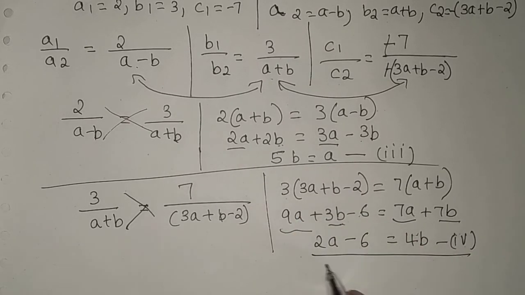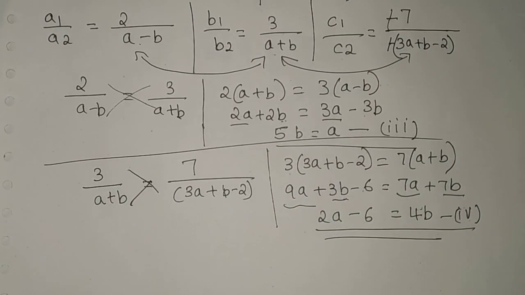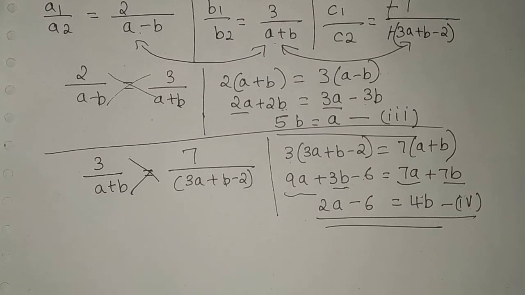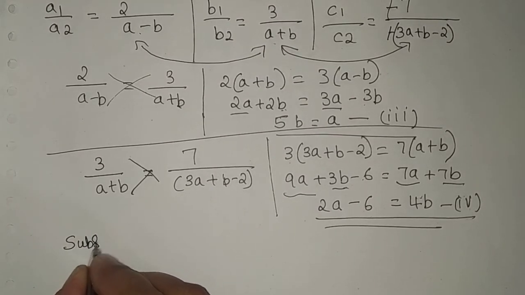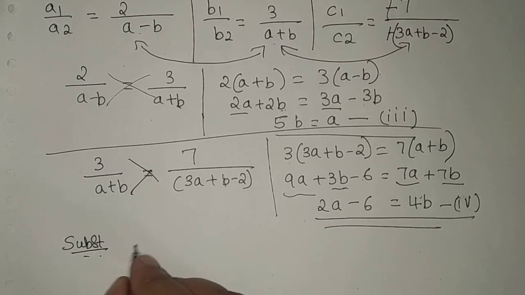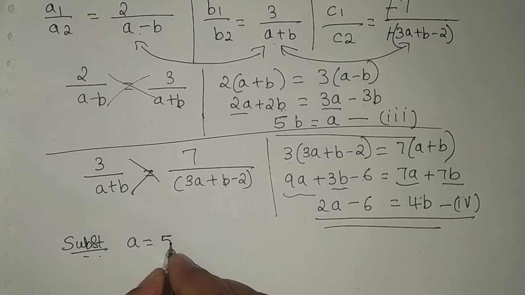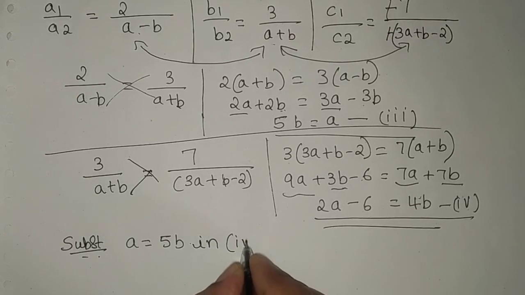So we got one more equation, now we have two equations. After this, what we do is substitute a equal to 5b, that is equation 3, in equation 4.